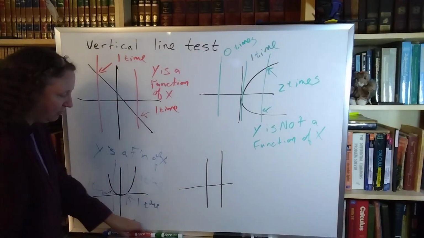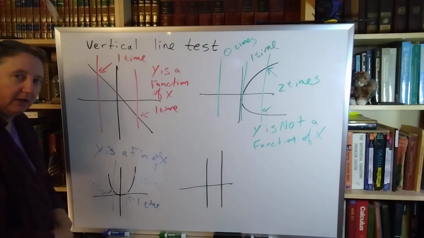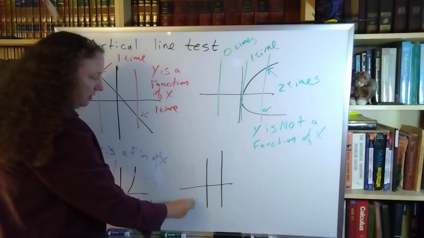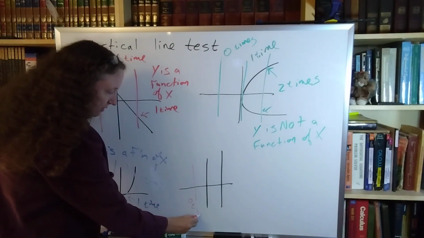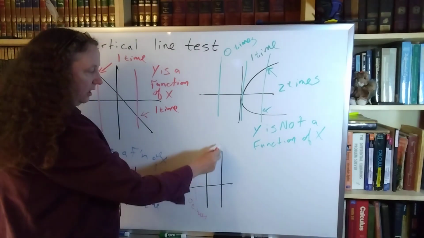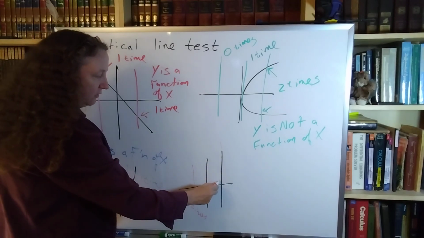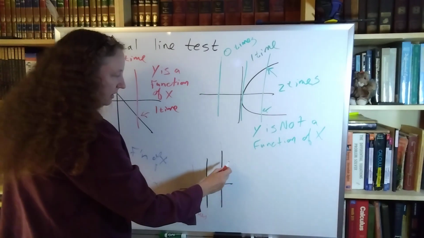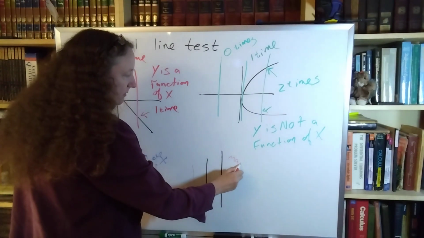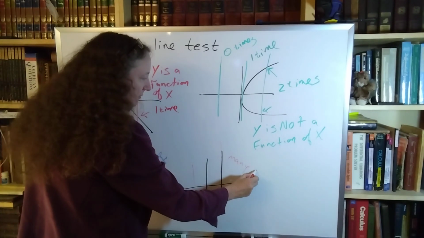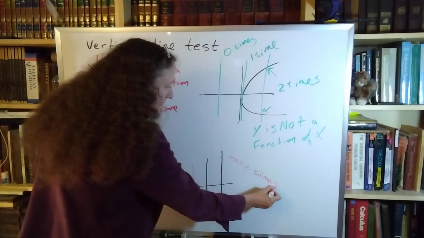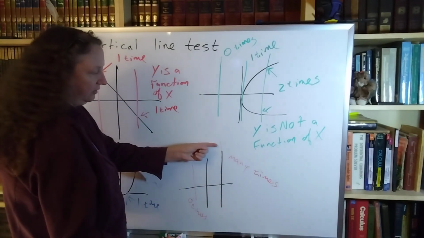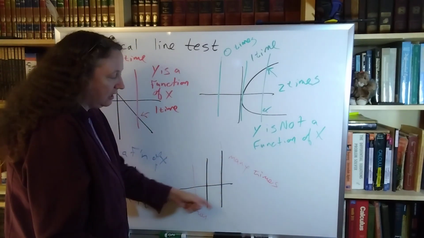Looking at our last example here, depending on where I draw my line, I could have 0 crossings, or I could have an infinite number of crossings. Many times, because it's everywhere on that line.